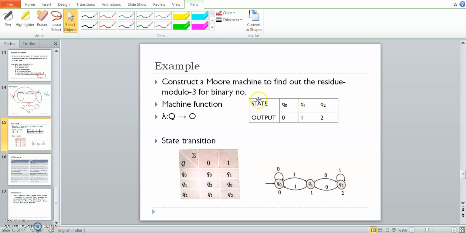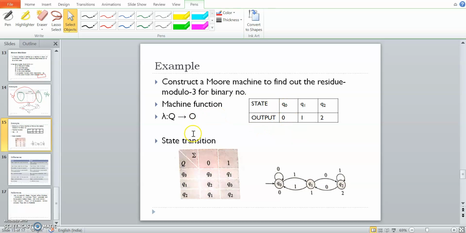What are the states required? Now, three outputs, so three states are required, as we are talking about the Moore machine. If my remainder is 0, I will call that state Q0. If I get remainder 1, I will go to the Q1 state. If 2 is the remainder, then I will go to the Q2 state. This is for the sake of understanding: 0, 1, 2 are nothing but the outputs associated with these states. Now the first is the machine function, which we have drawn for Q0, 0.